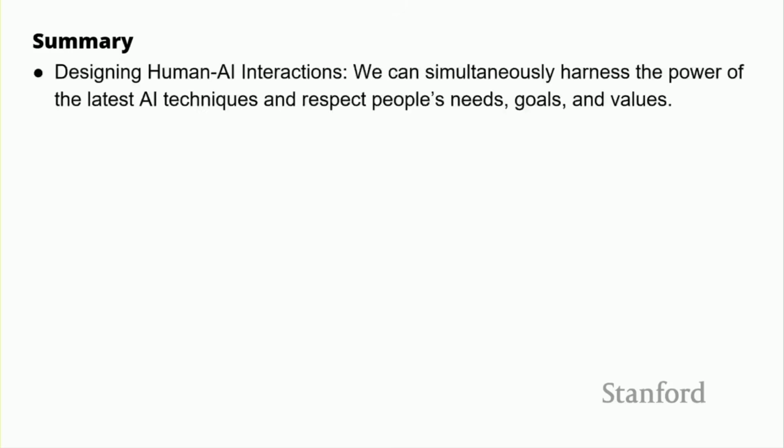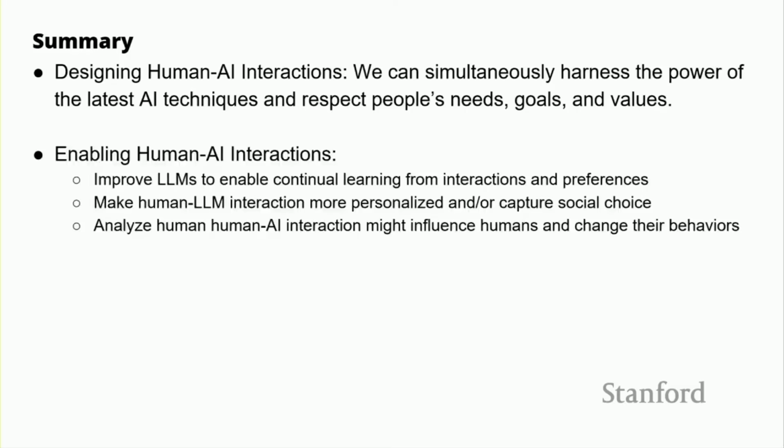We talked today about human-AI interactions and the design decisions tied to this, including some of the motivation and foundations, work in HCI that deals with this, implications of this kind of work, and some of the ideas on how to implement this. Arguably the goal is that if one does this well, then you can harness various kinds of AI techniques in ways that actually solve people's problems and respect people's needs, goals, and values in real-world contexts.